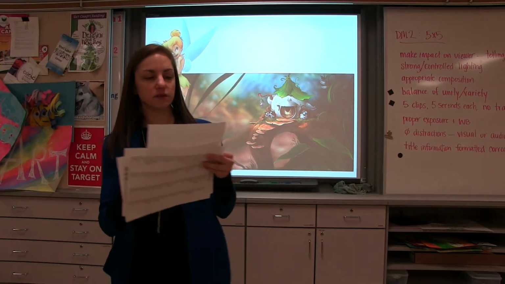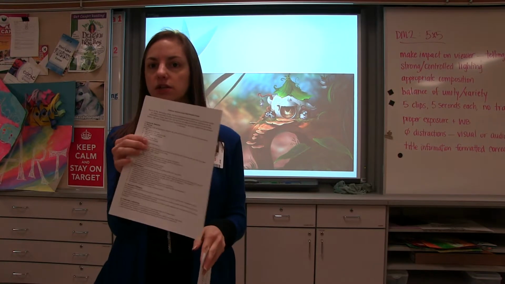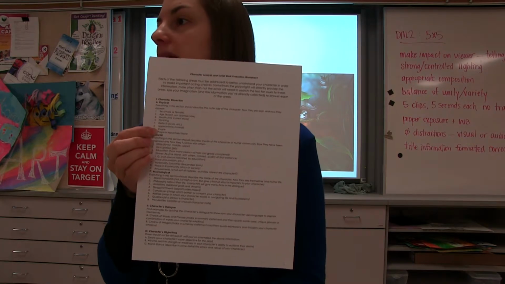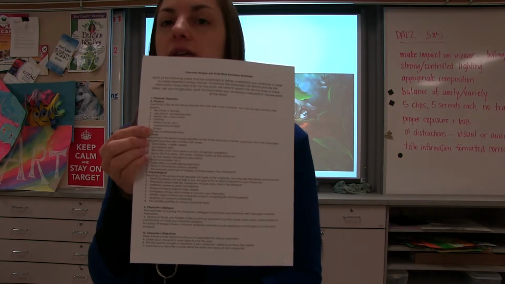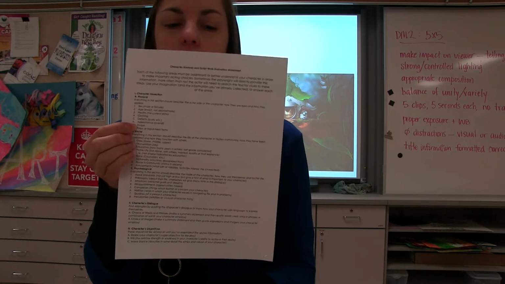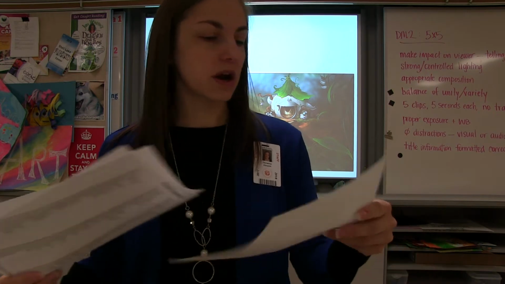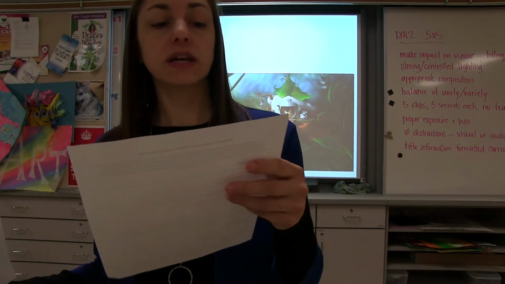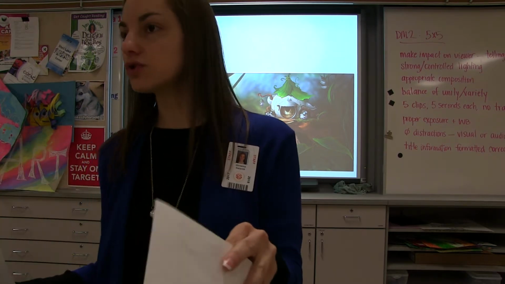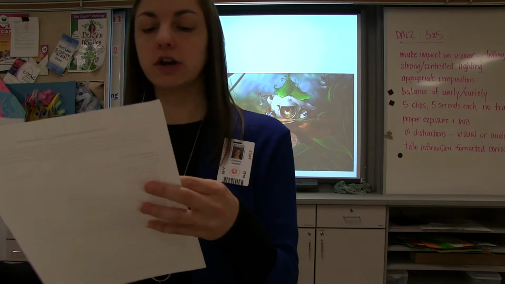Okay. This one says character analysis and script work evaluation worksheet. This one is going to help guide your thinking as you go through the design process. It's going to help you question some things about your character so that you can come up with those answers. This one is called character dissection. They're going to talk about the physical characteristics and the social characteristics. In other words, what is your character's job? What is their home life like?